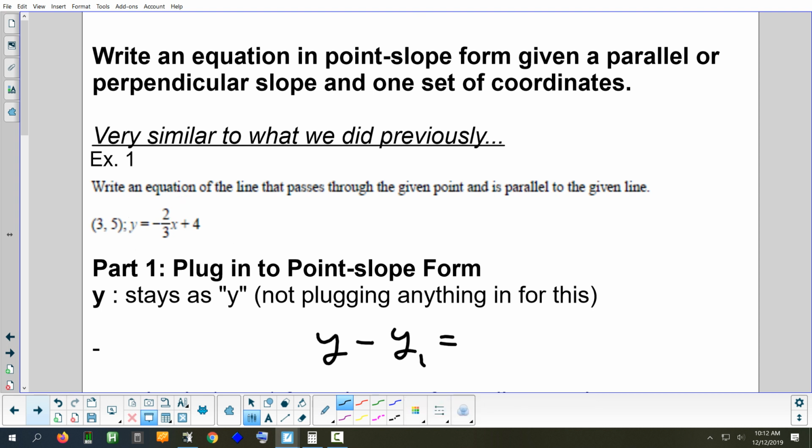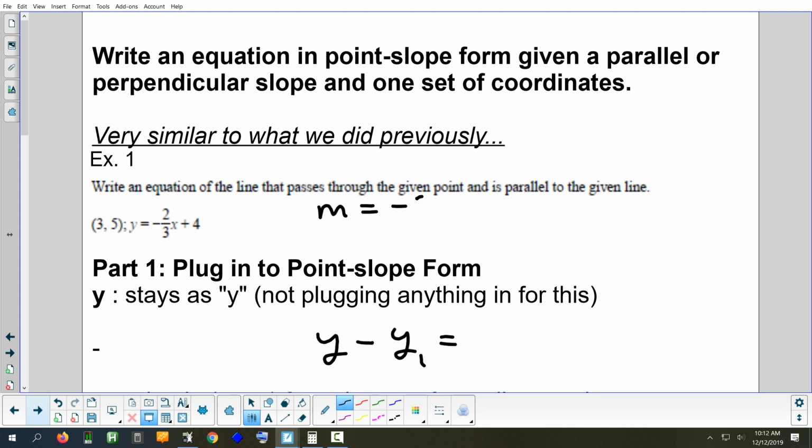All right. So write an equation that passes through the given point and is parallel to that line. So let's start with our slope. What is the slope going to be for the line that I'm going to find? -2/3. Yep, it has to be the same slope as the line that I was given.